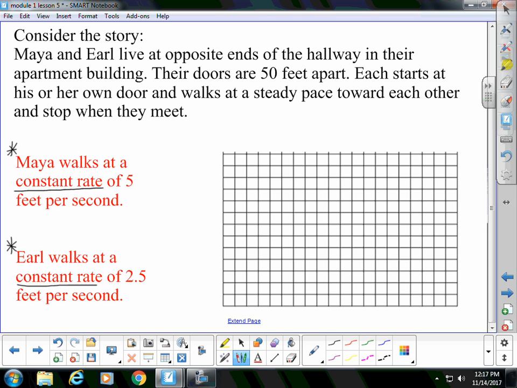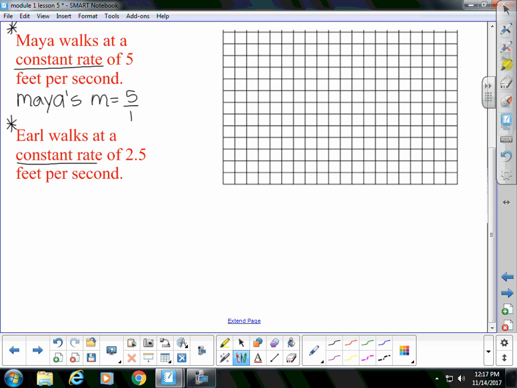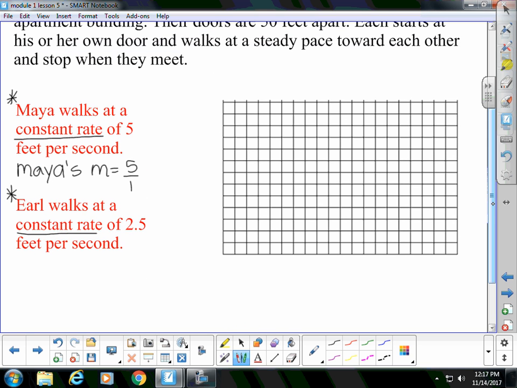So Maya's slope is 5 feet per second, or 5/1. And Earl's slope is 2.5 feet per second, or 2.5/1.